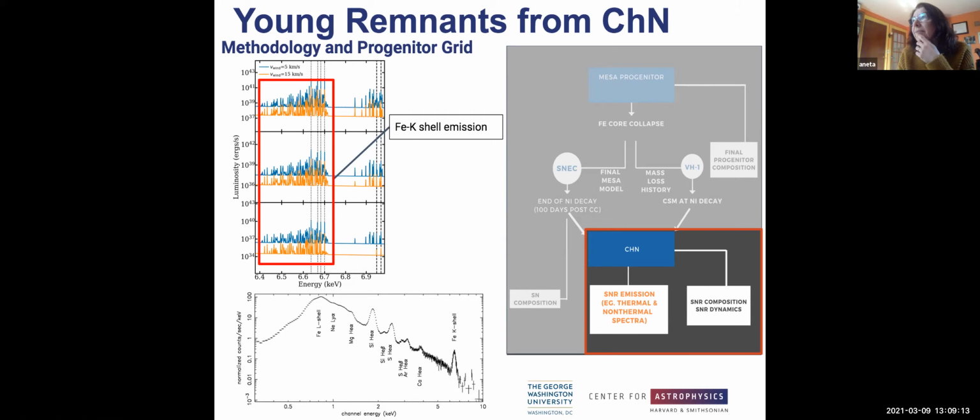So I don't know if you are actually thinking about now selecting or constraining the parameter space and seeing which models fit the data which we have, like the given supernova remnant, like Kepler or Tycho or whatever. So do you have some ideas of how you do that when you have the physical one?